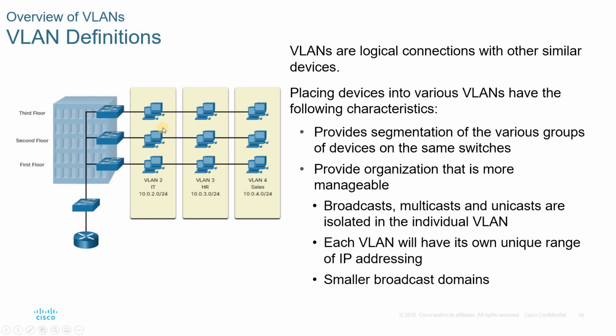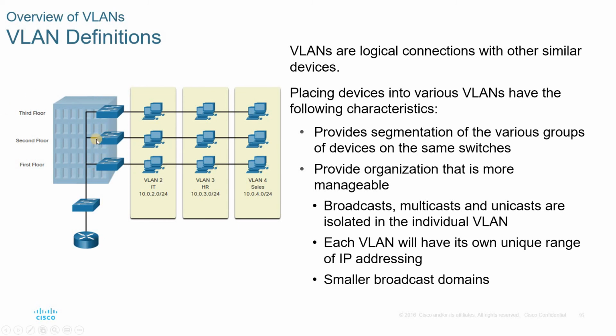You can identify a host connected to a particular switch and then assign that host to a particular group or segment, regardless of which floor it is located or connected. It doesn't matter.